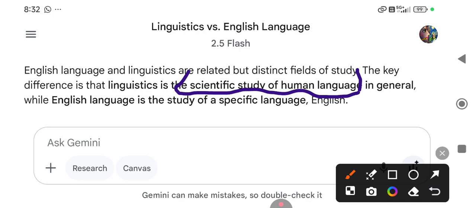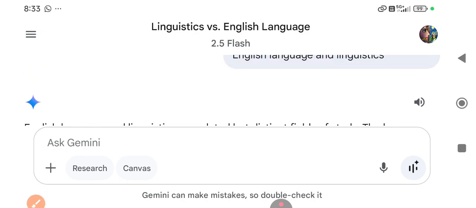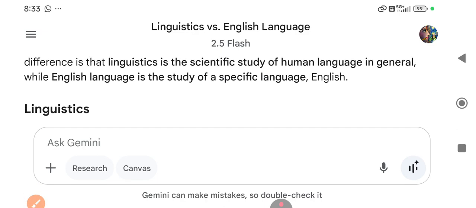While English language is the study of a specific language. That's the language of study, meaning one language. For example, if we study English language, that is what we are going to discuss. Of course, we will discuss grammar and all.